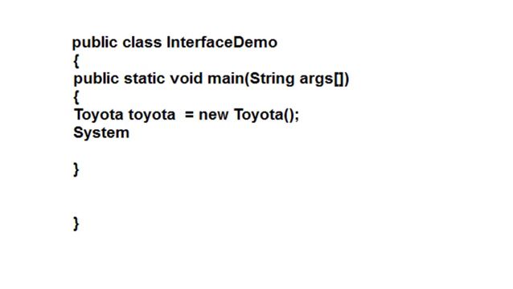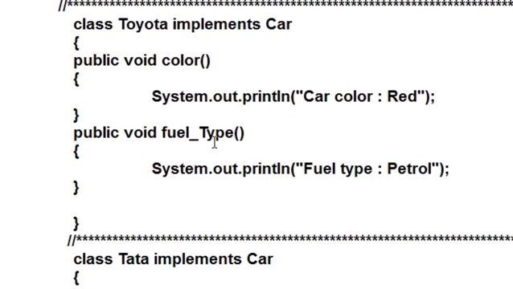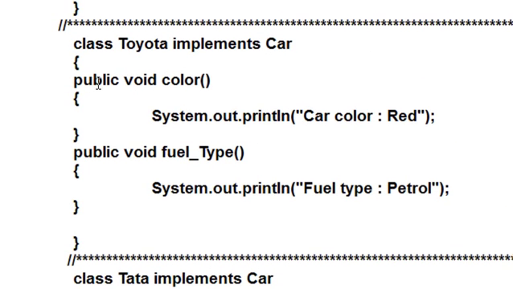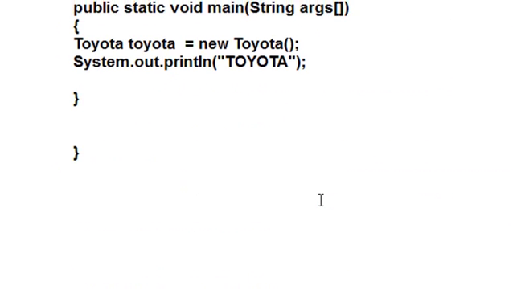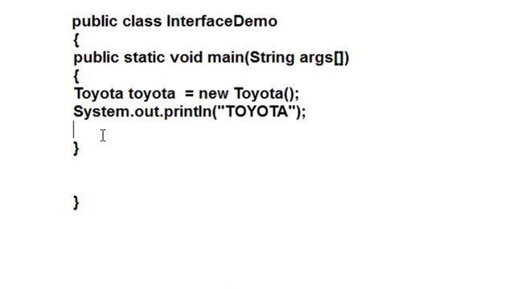I just print a message here, println Toyota. Now I am going to call those two methods of the class Toyota using the object of that class. There are two methods, color and fuel type. So I'm going to call those two methods.